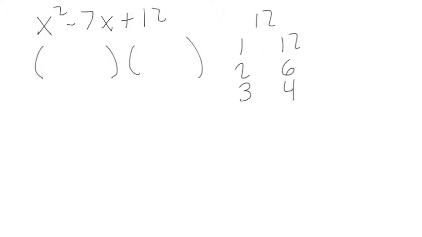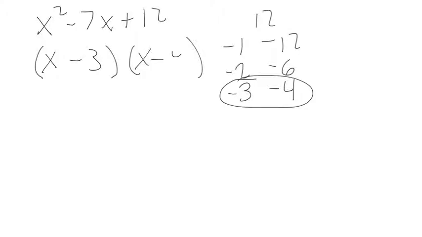Both of them have to be negative. So we know these both have to be negative. And the only two negative factors that add together to give me 7 are what? 3 and 4. So we know we're going to have the x here, and a minus 3, and a minus 4.